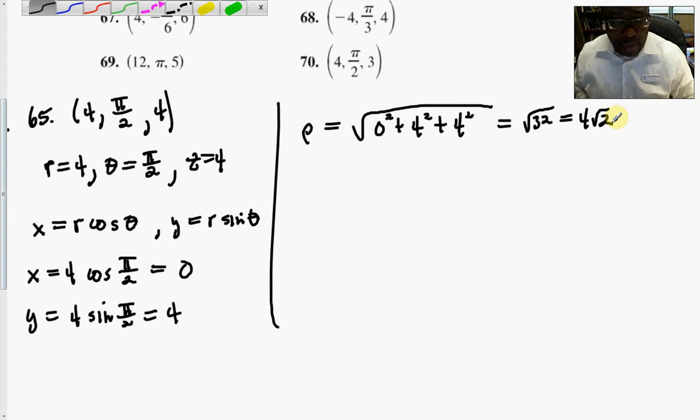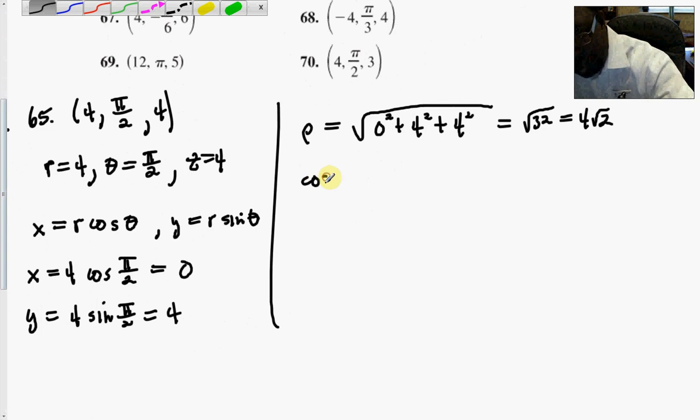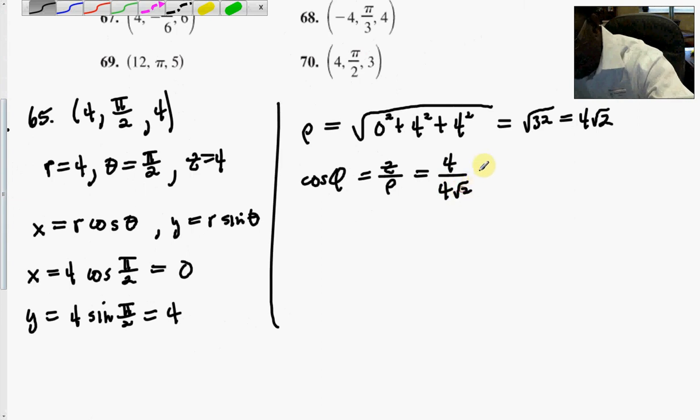After that, we need to find phi. Cosine phi, you recall, is equal to z divided by rho. Well, we have rho, we have z. z is equal to 4, and rho is 4 times the square root of 2. So we get 1 over the square root of 2.